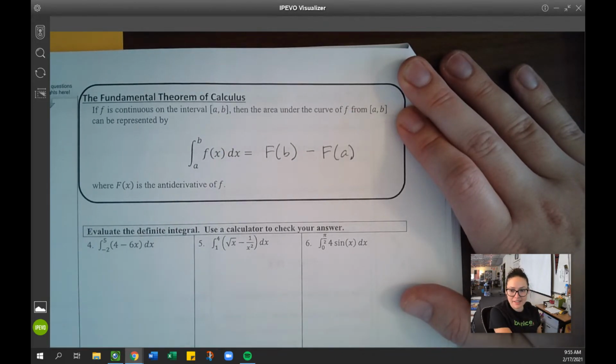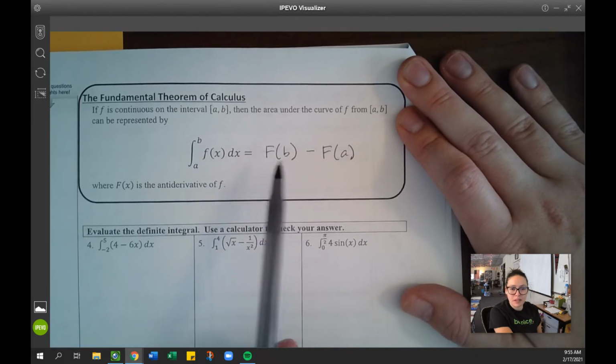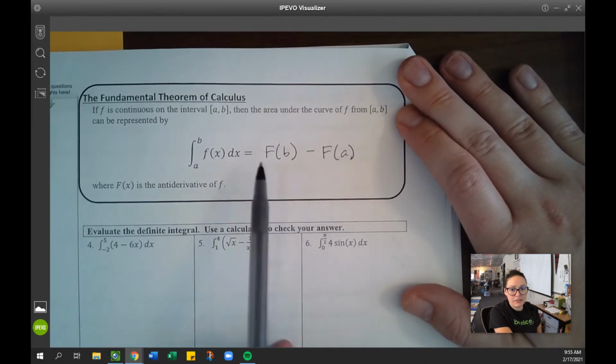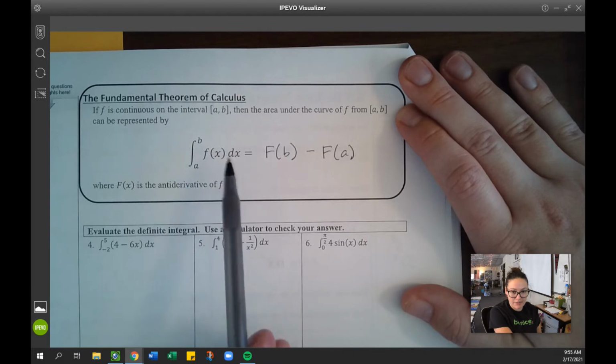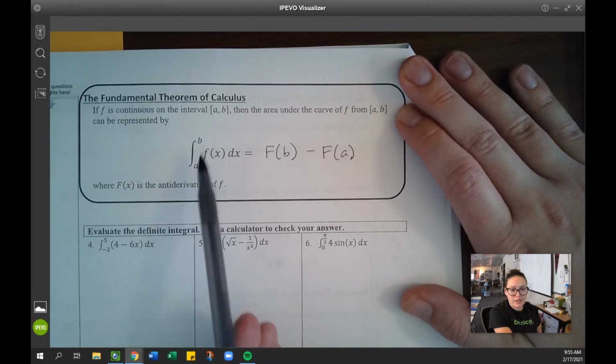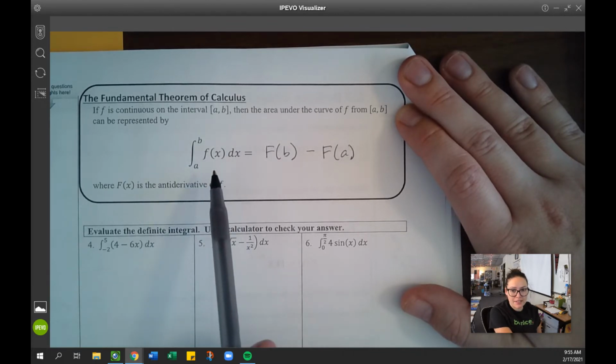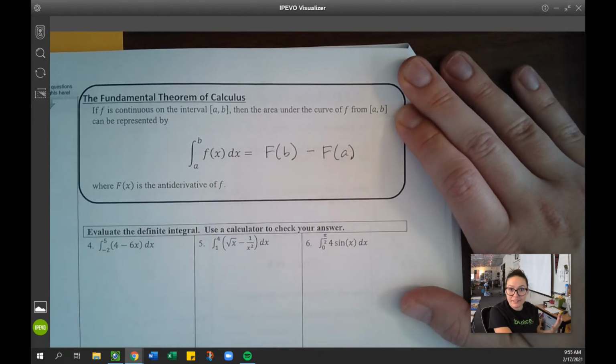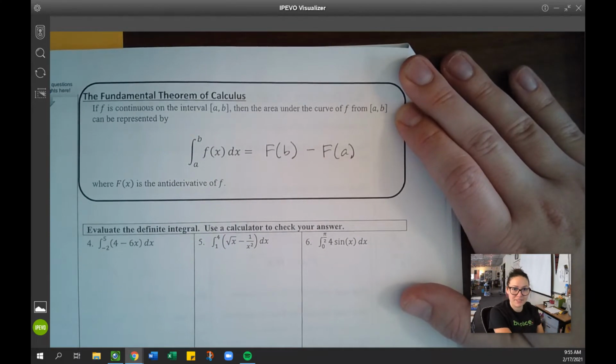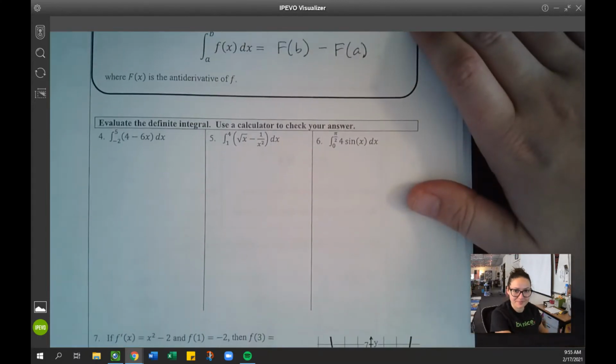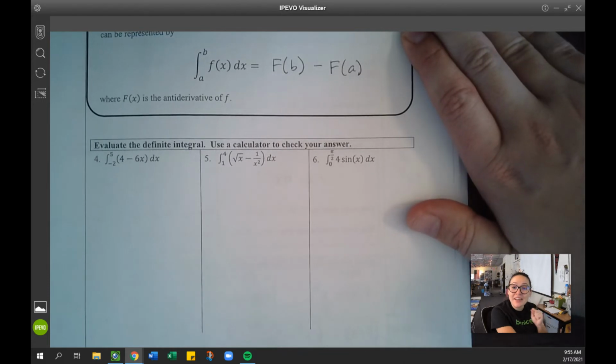Isn't that so crazy? So we find the antiderivative of whatever little f of x is, and then we plug in those endpoints and subtract them, and that's going to give us the exact area under the curve. It's wild.